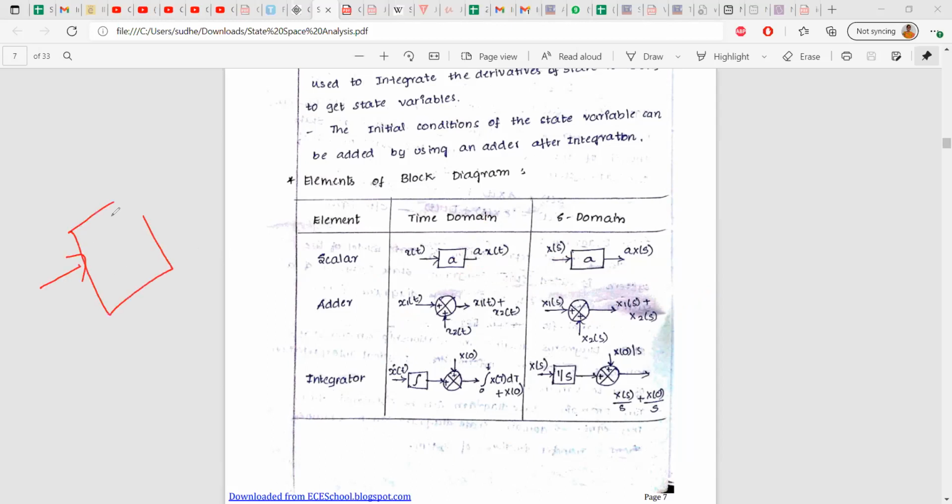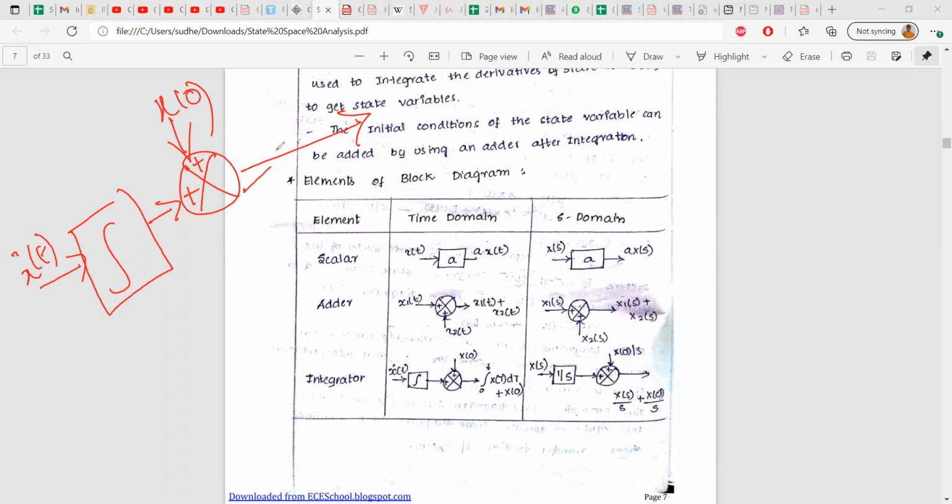This is the integrator, with input x dot of t. We take this to the summing element, with plus plus, and here the signal x of 0 comes in. Tell me, what is the output of this summer?